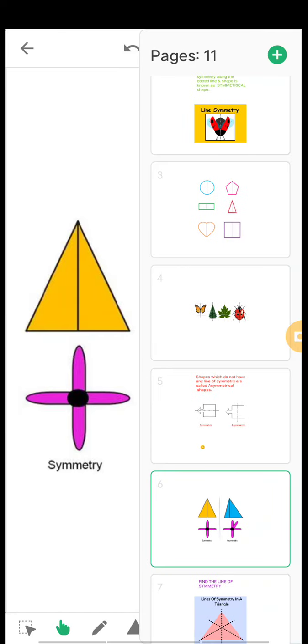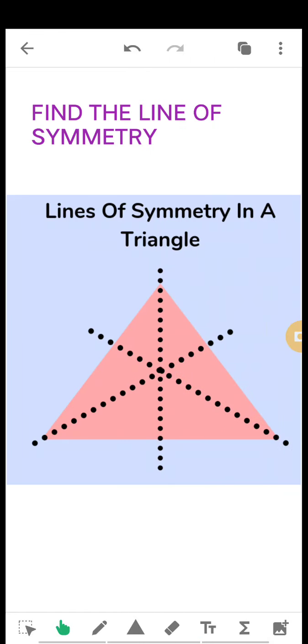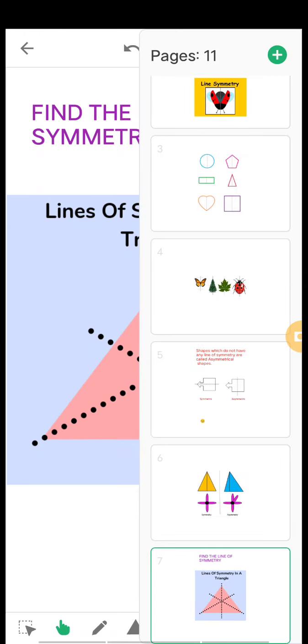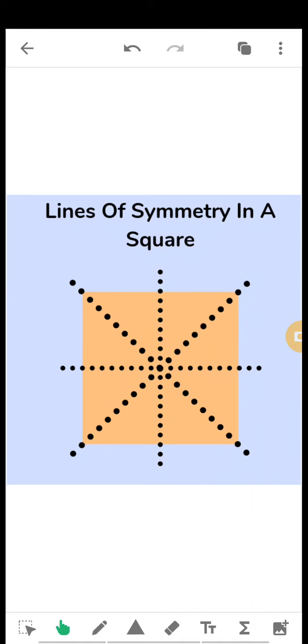Now, we have to learn how to find the line of symmetry. In a triangle, you can see there are three lines of symmetry. In a square, 1, 2, 3, 4 lines of symmetry.